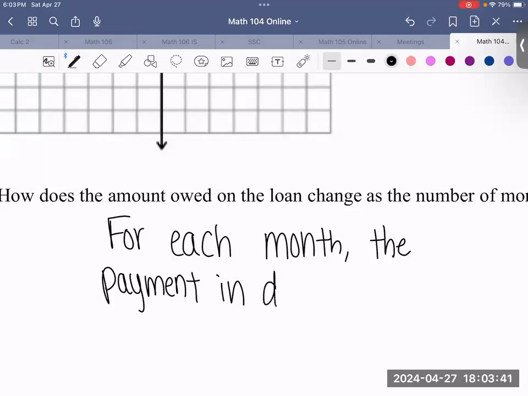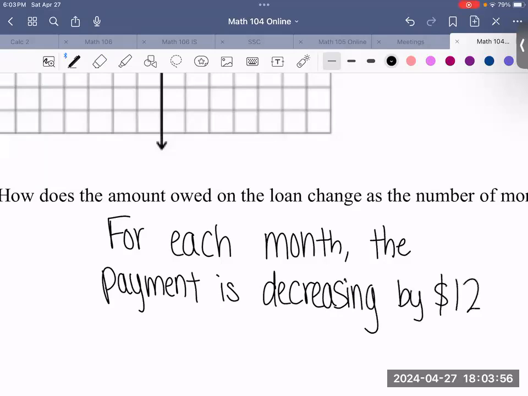So we are saying the amount owed is decreasing by our slope, $1,275 each month. So our next point would be $1,200 or so less than our very previous point.